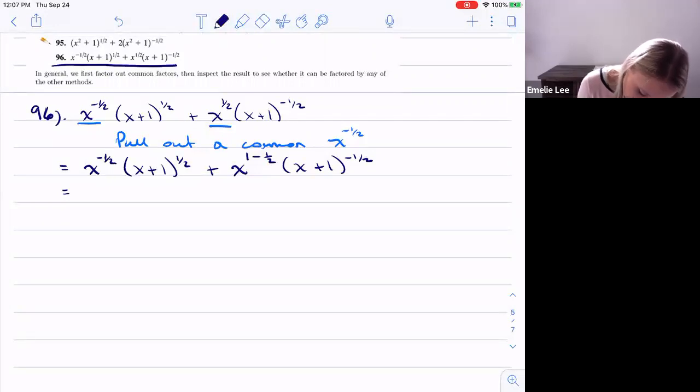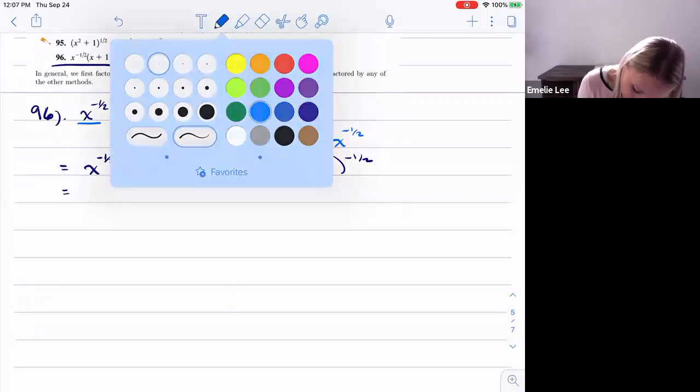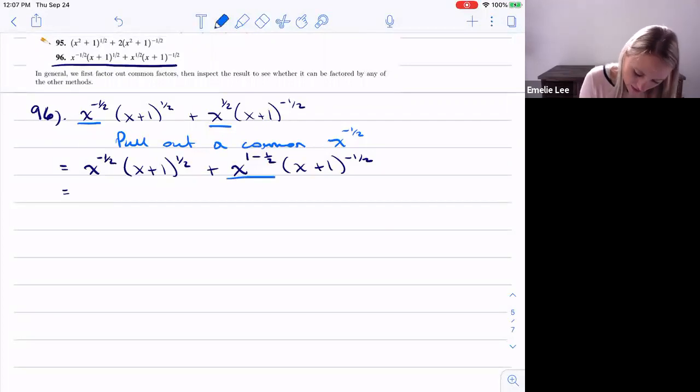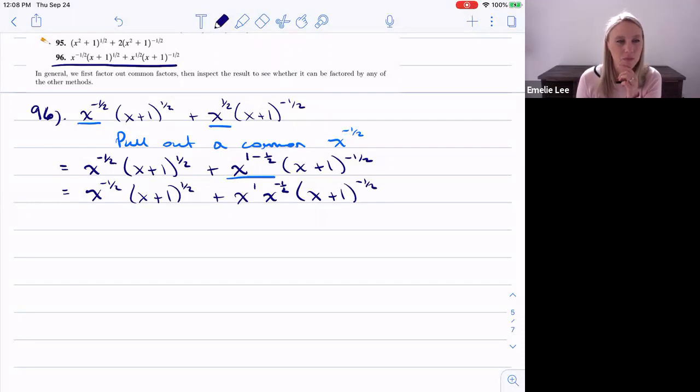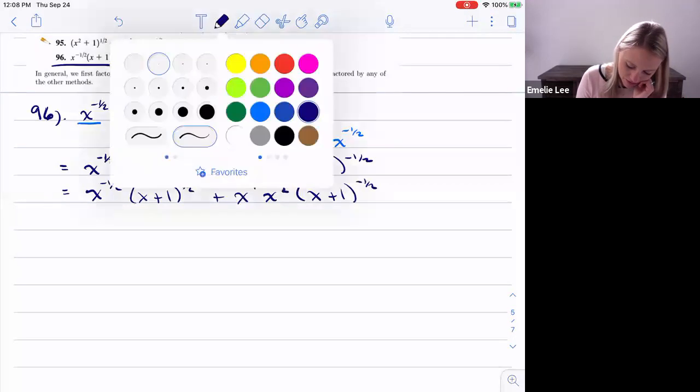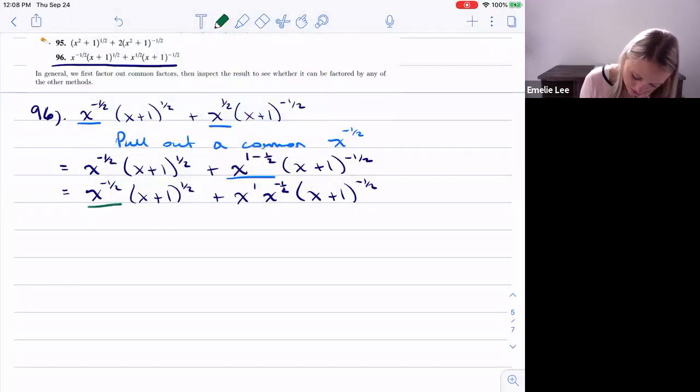So what I can do is rewrite this, and I'll put a little underline here to show that that's what's changing right now. X to the negative 1/2 times x plus 1 to the 1/2 plus x to the 1 times x to the negative 1/2. So now all of a sudden we've got that common multiple times x plus 1 to the negative 1/2. So now I'm able to pull this out here and here.